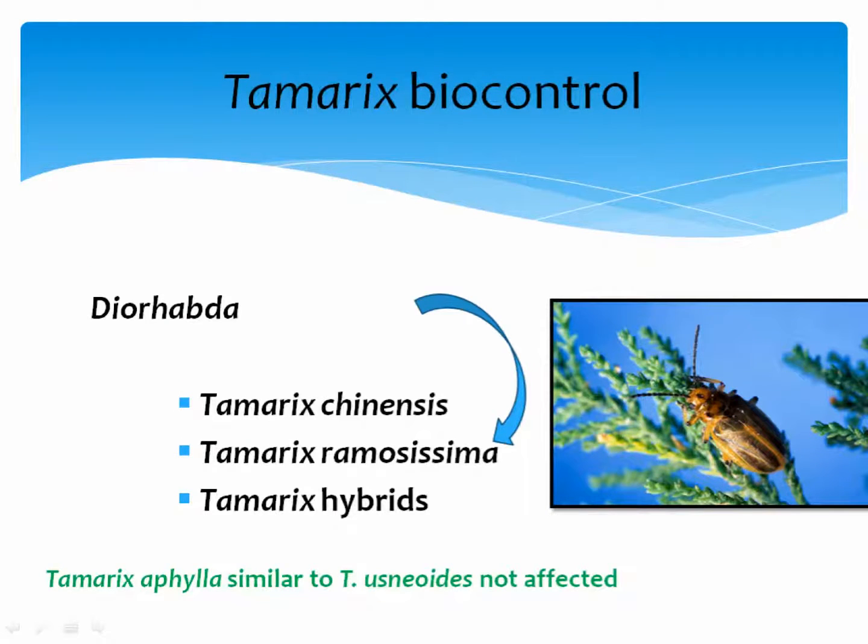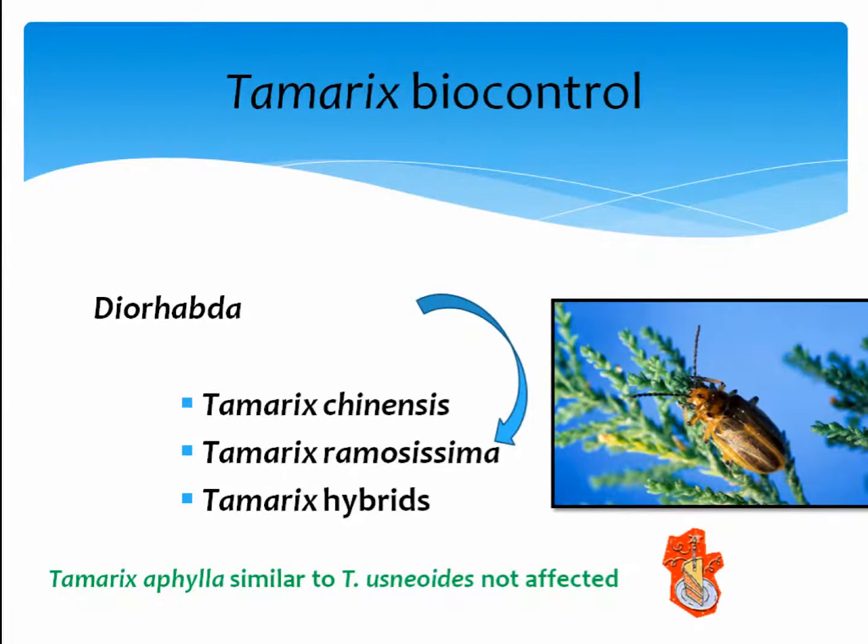Biocontrol has already been taking place in the United States, and the raptor beetles have been introduced to control the species. They've also got Tamarix aphylla, which is exotic there, and it's very similar to our indigenous species here, but it hasn't been affected by any of the beetles which are controlling the others over there. So that is just a piece of cake information that we get out of that.